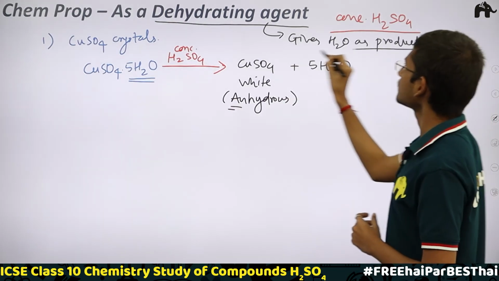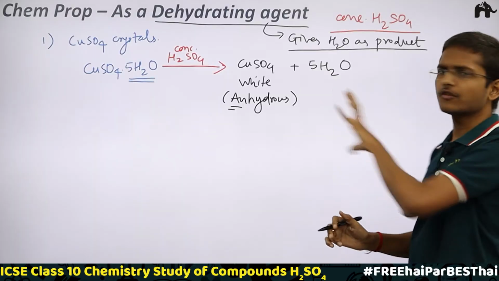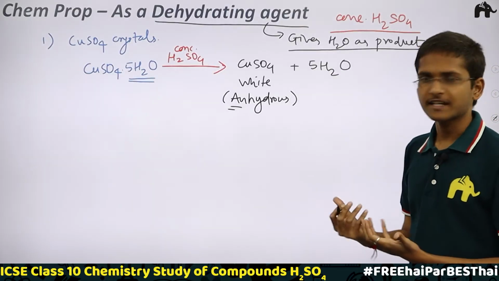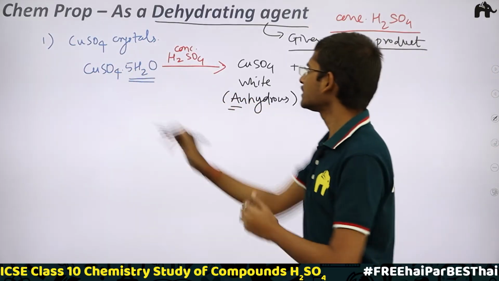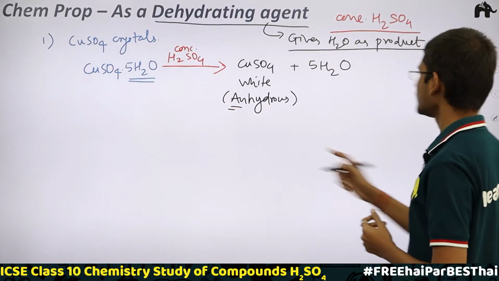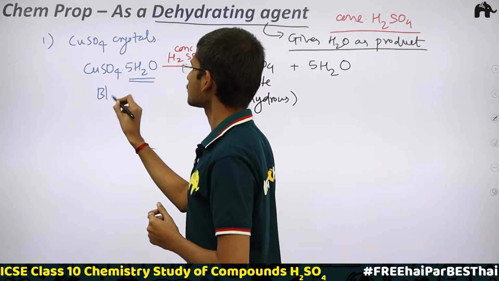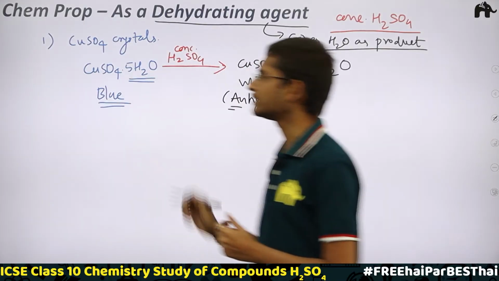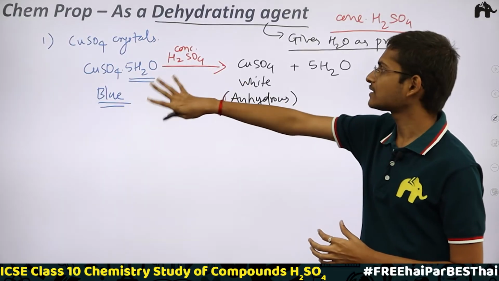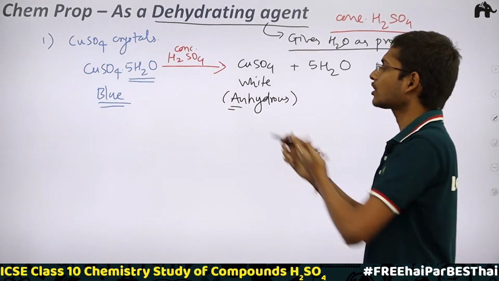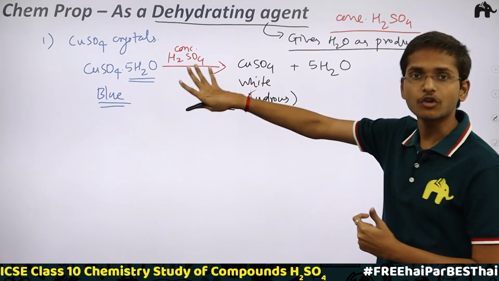You just remember this thing in your mind, then it's very easy for you to write and remember the reactions, and the reaction itself is very interesting. I haven't written blue color because I have already used blue color to write the copper sulfate crystals. So this is how copper sulfate crystals react with concentrated sulfuric acid.